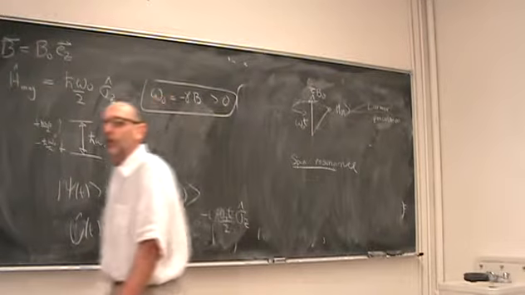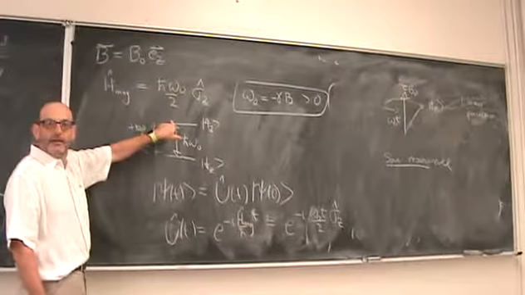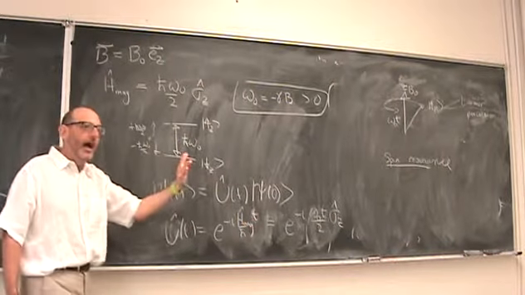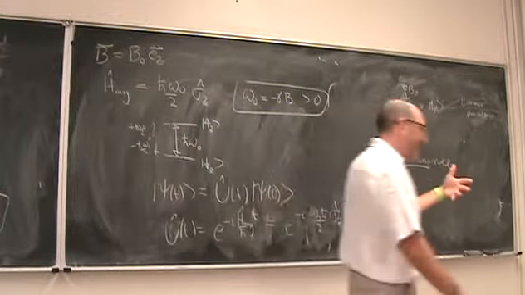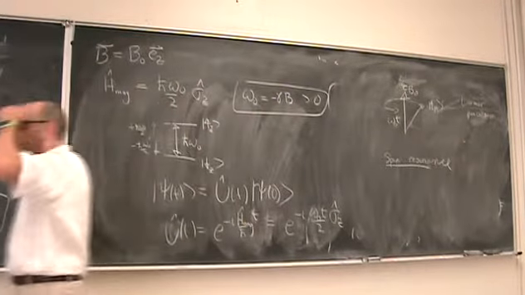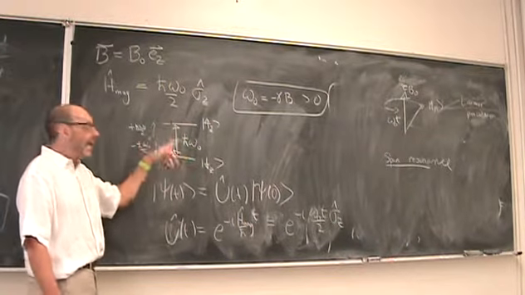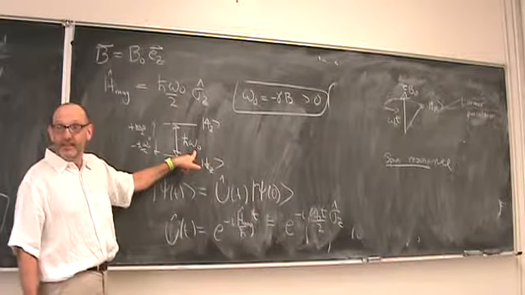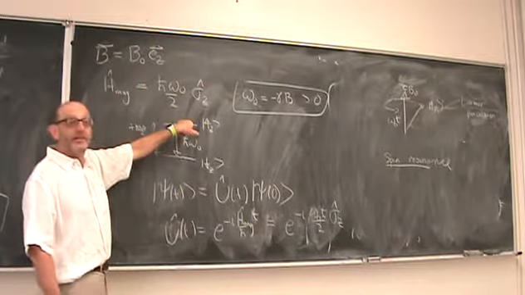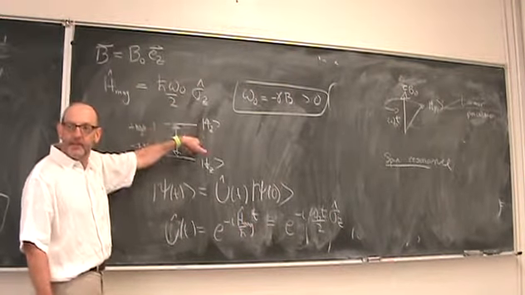If I want to go from this state to this state, or from this state to this state, what I do is apply a field that interacts with the spin, that is resonant, that oscillates near this frequency, and causes, if I want to go from spin down to spin up, it would absorb, right? Or it could stimulate emission, go from up to down.